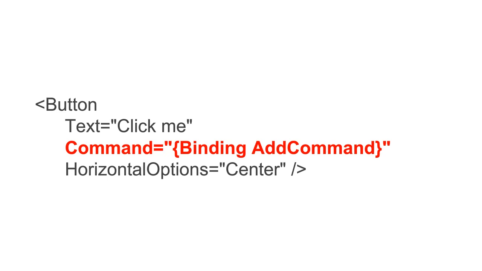A command says, when this event, in this case the clicked event, is raised, bind that to a method in the view model, in this case the add command. When the button is clicked, that method, add command, will be triggered in the view model.